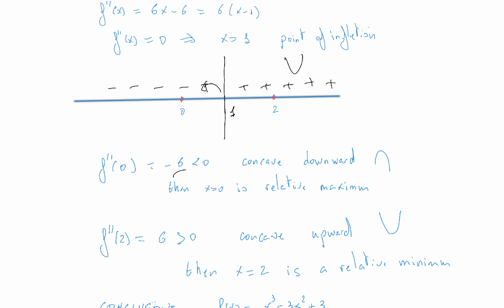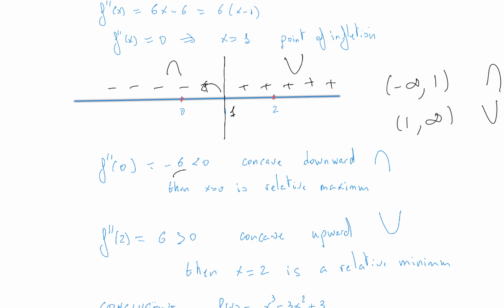So the concavity is concave upward or concave downward depending on the interval: on the interval minus infinity to 1 it is concave downward, and on the interval 1 to infinity it is concave upward.